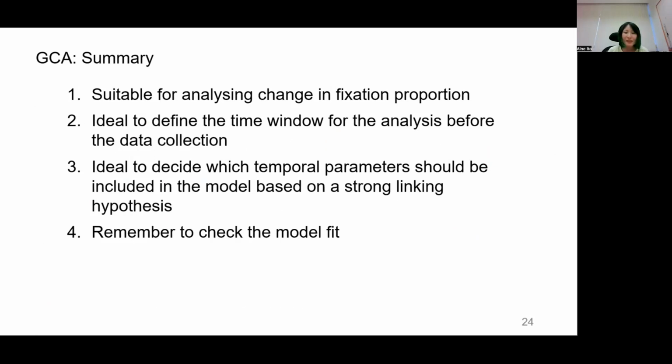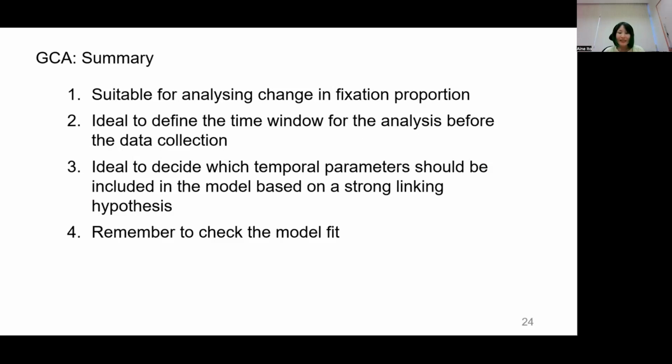So do you expect a difference in the slope, or in the peak, or in the curvature? And then decide which parameters to include in the model based on that hypothesis. And finally, please remember to check the model fit and see if all the polynomials are really necessary for your data.